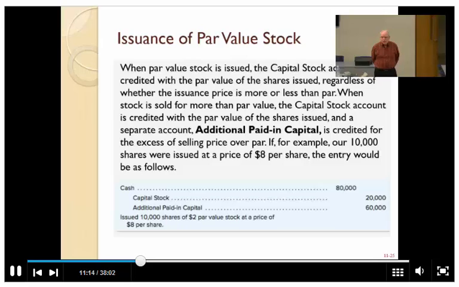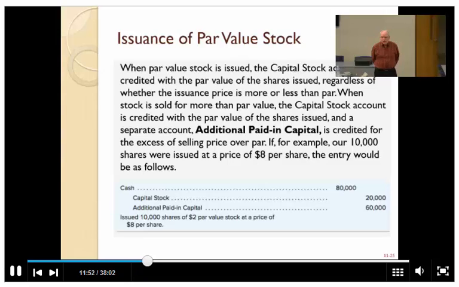The actual value of the stock, based on what investors feel the stock is worth, is $8 a share. So we're issuing 10,000 shares at $8 a share, so cash goes up $80,000. The capital stock account is increased for the par value, $2 times 10,000 shares, and the remainder of the proceeds goes into an account called additional paid-in capital.